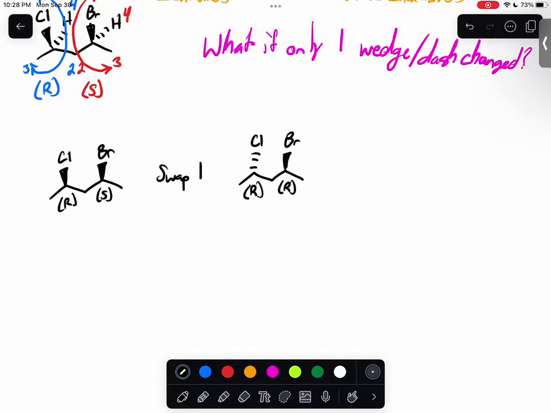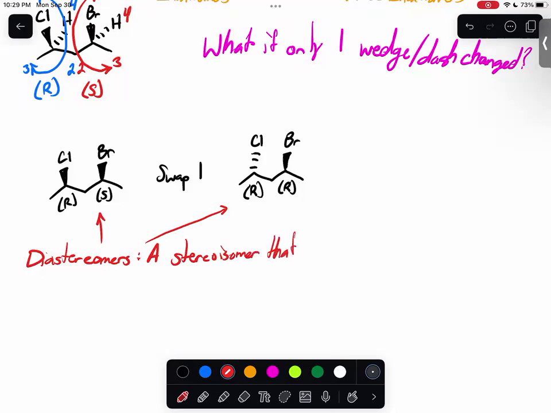These are what we call diastereomers, right? So these are diastereomers. And what these are is just essentially a stereoisomer that is not a mirror image. Right? Everything we've been looking at so far has been mirror images. This is an example of when something is not a mirror image.